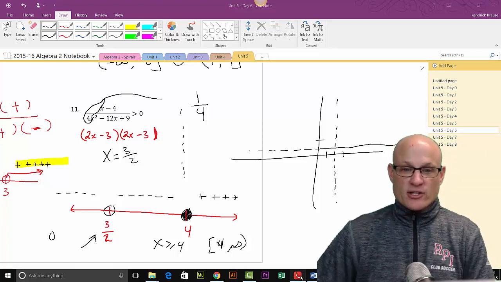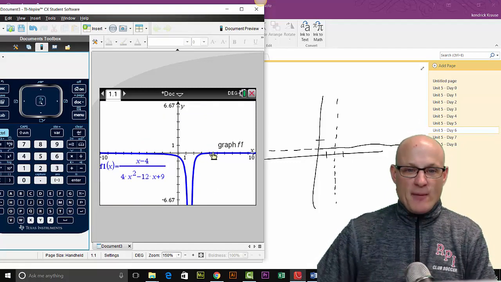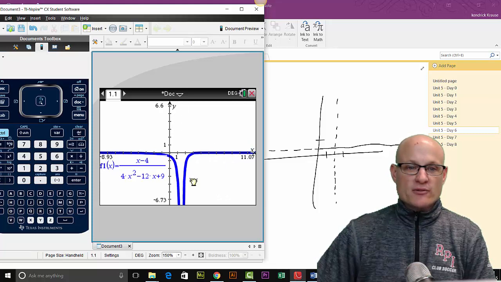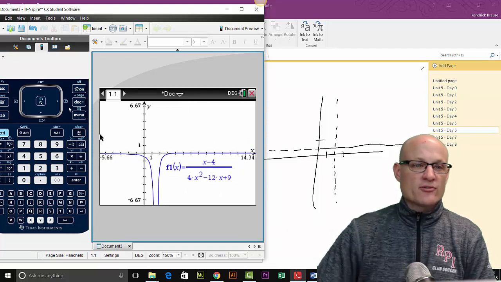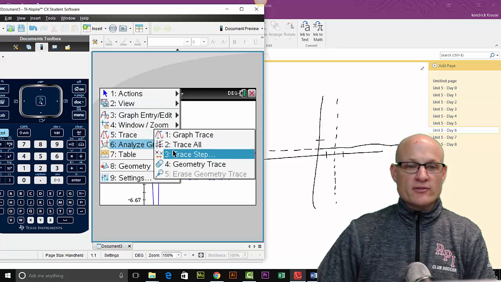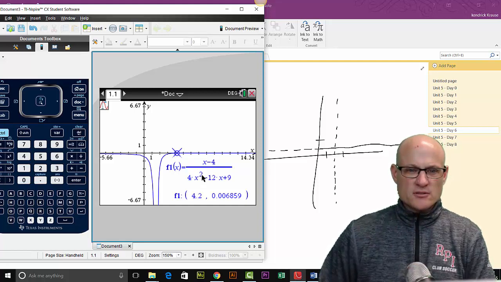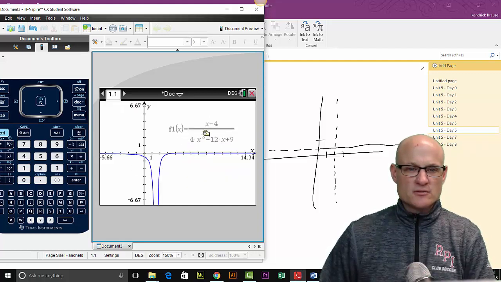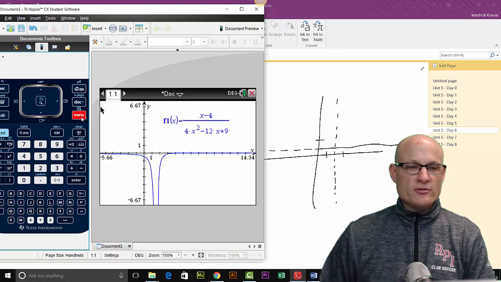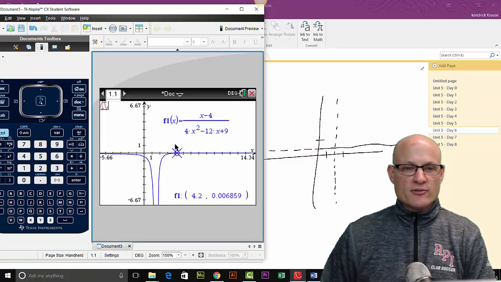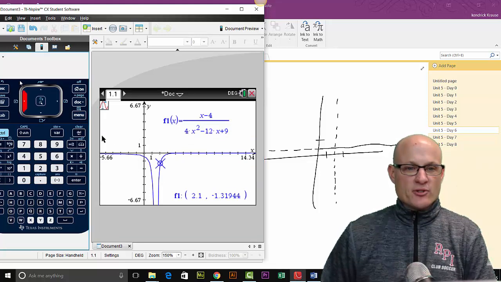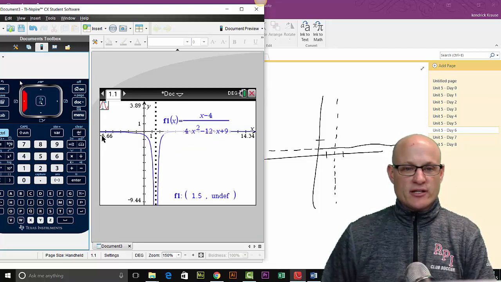So let's go back and look at this thing graphically. At some point, it looks like it might come across the axes. It's hard to tell. So let's go menu, trace, and graph trace. If I move to the left here, you'll notice that at x equals 1.5, it's undefined.